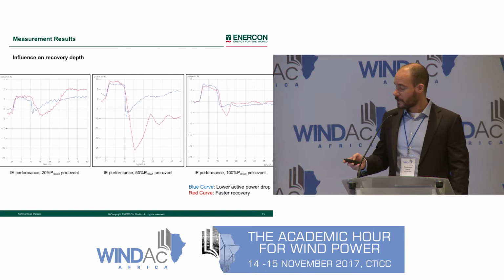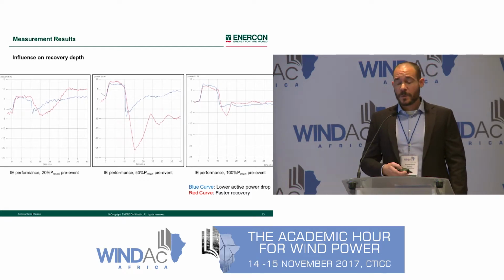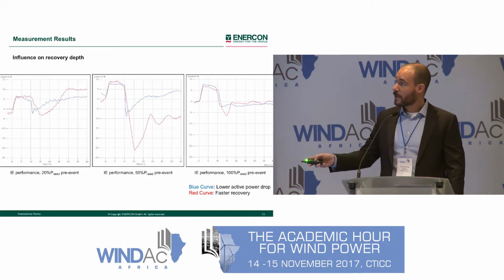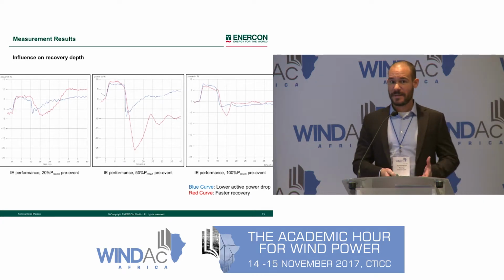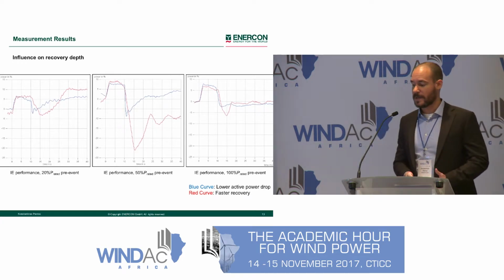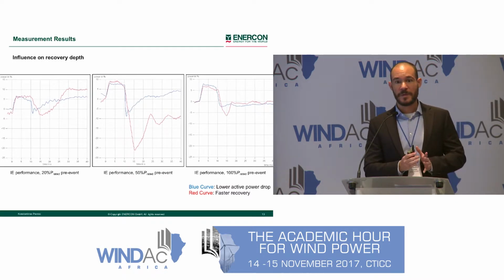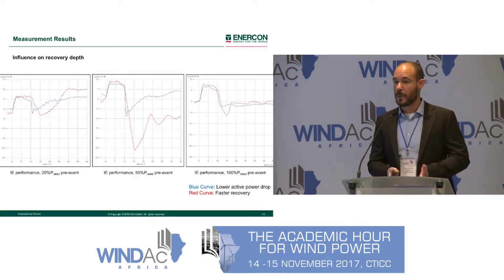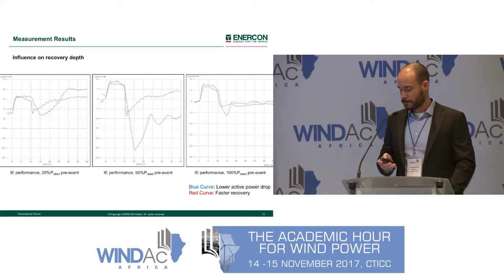The blue curves, you can see them in each graph, aim to minimize the active power drop during the recovery period by extending the recovery period, whereas the red curves aim to minimize the duration of the recovery period by allowing the active power to drop quite a bit more than the blue ones.